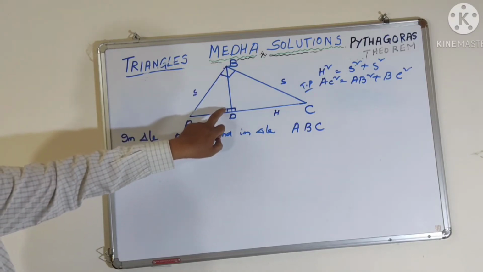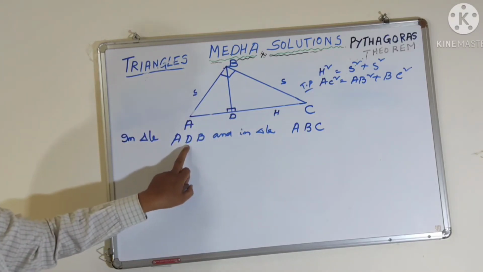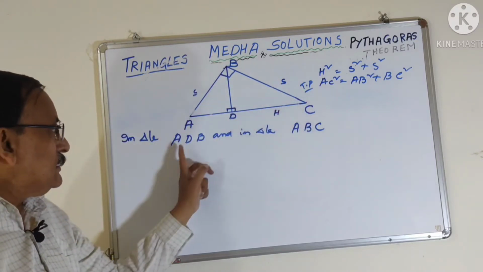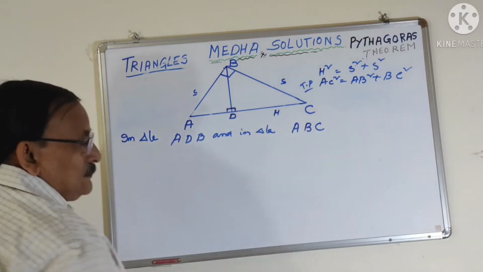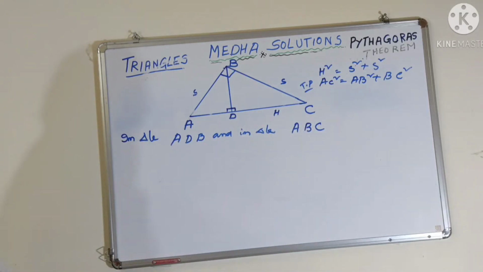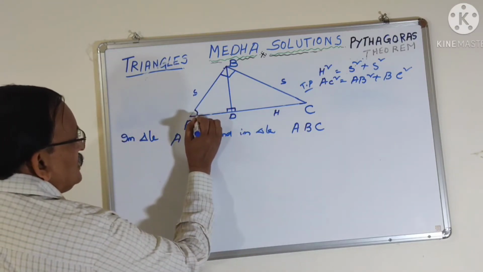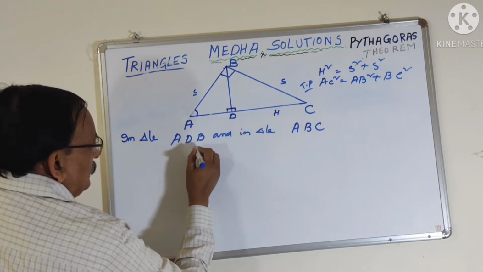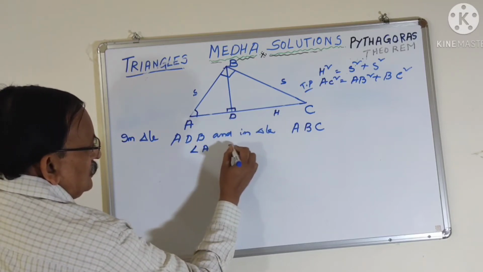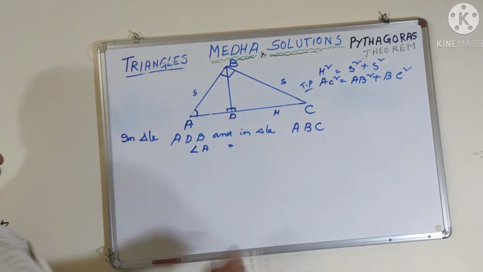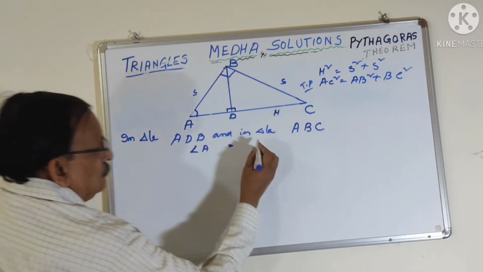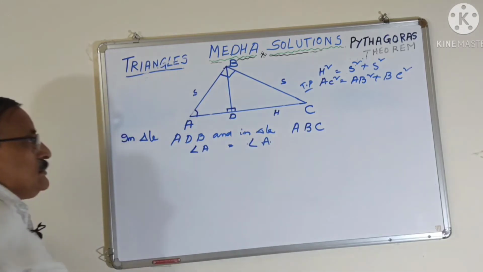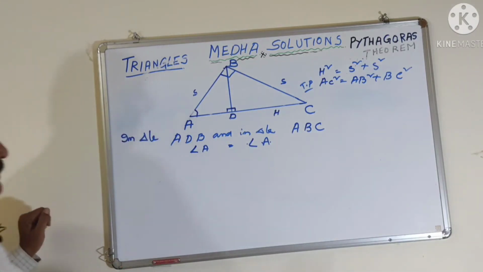ADB, D is the 90 degrees in between, like ABC, starting with A, starting with A. This is the important point. So in these two triangles we have to prove the similarity, this small triangle and the bigger triangle. Here angle A, angle BAD, is equal to angle A in the big triangle ABC also, because angle A is equal to angle A. This angle is called the common angle.